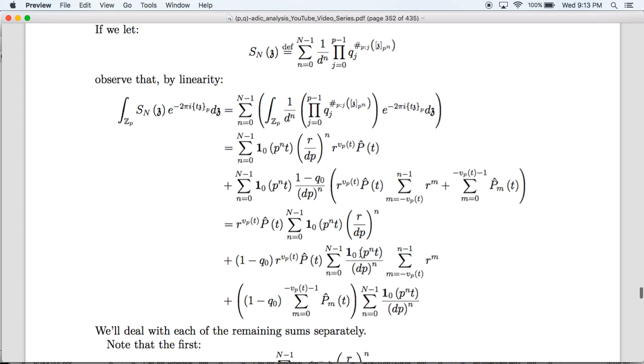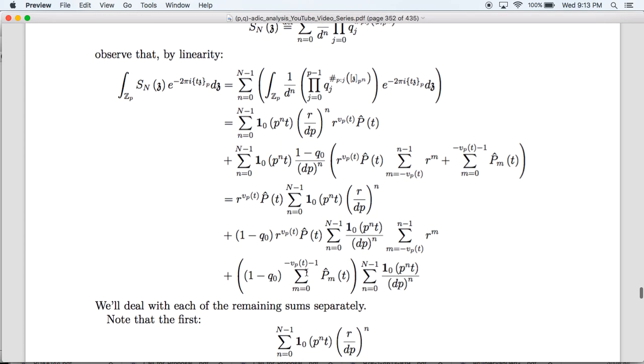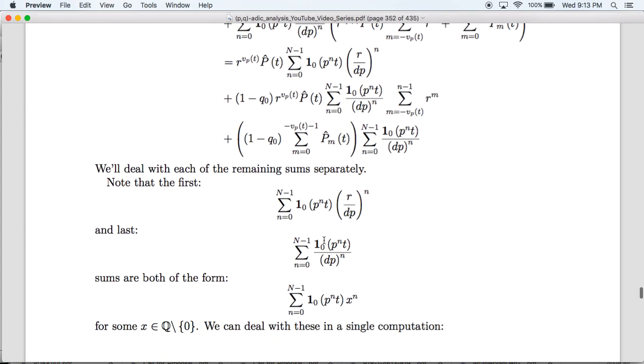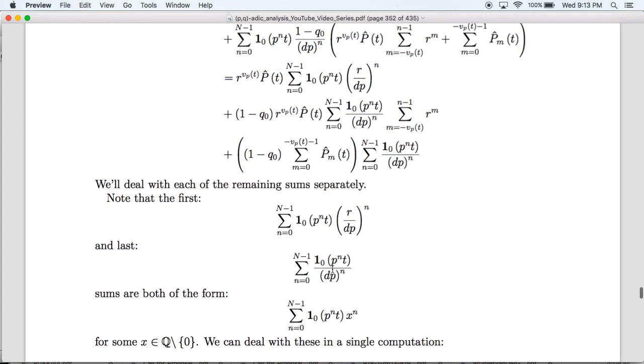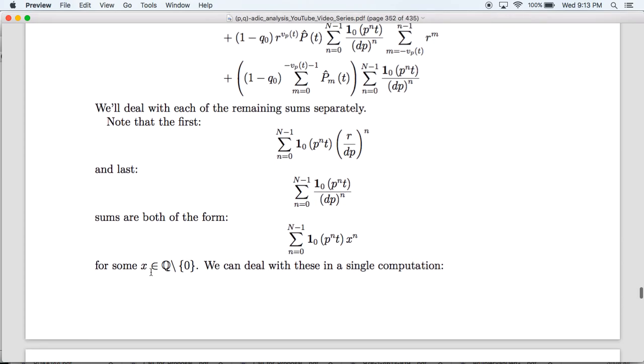And so, in particular, to deal with these things, we observe that as stuff varies, we really have 2 kinds of sums to deal with. Which is going to be either this or this, and then there's this sum here, but that's going to be a geometric series. These end up being sums of the form little n equals 0 to big N minus 1 of the indicator function times x to the n for some non-zero rational number x.